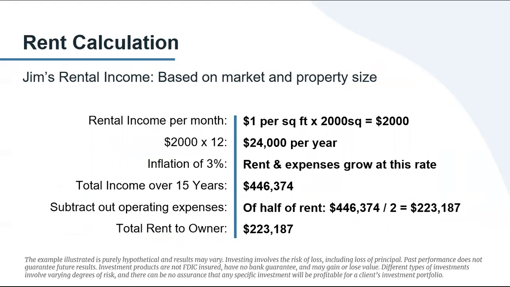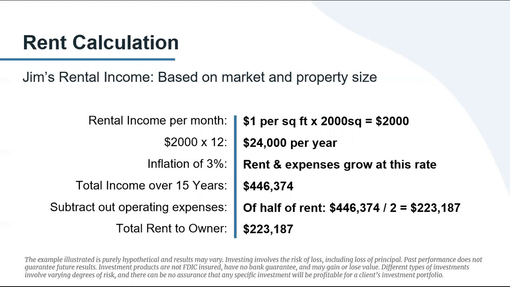So again, just a future value calculation. That rent of $24,000 every year, growing at 3% over 15 years, and then just the totaling of all of those numbers is $446,000. In this example, I'm going to assume that half of the rent goes to pay for the expenses of the property.